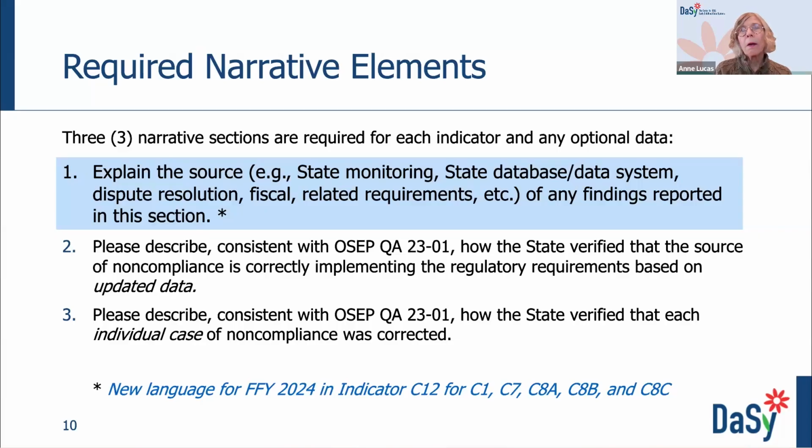The header that was in last year's reporting for the compliance indicators in C12 was around having to explain the differences in the numbers of findings that were issued for the actual indicator, like C1 versus the additional findings that you were reporting. So they wanted to know more information about that. And they've changed it this year to talk more about the source. Any questions about that before I go on?